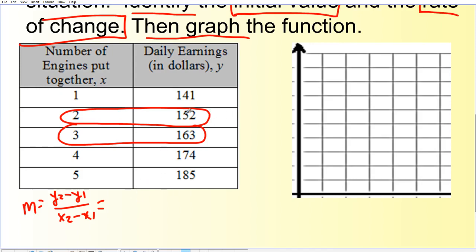And if I use these 2 points, with this being my x1, y1, x2, y2, because these are my x variables, these are my y variables, if I plug those in, y2 minus y1 over x2 minus x1, and I do the math.